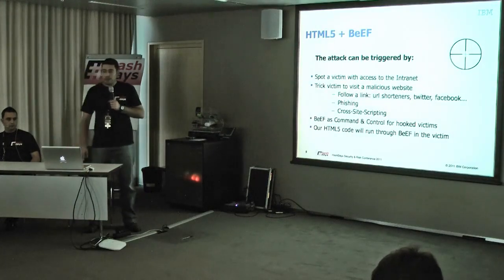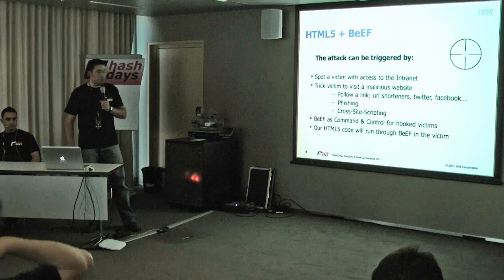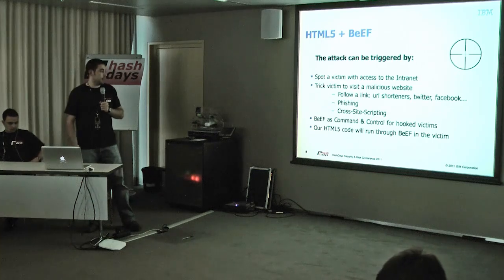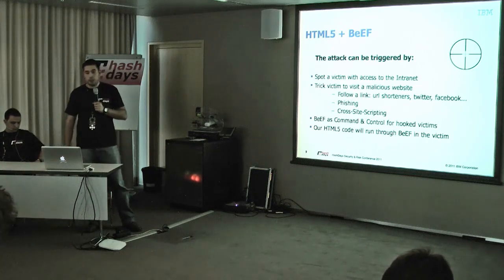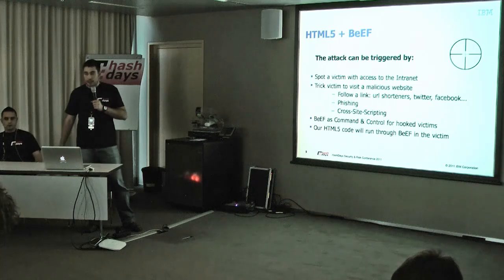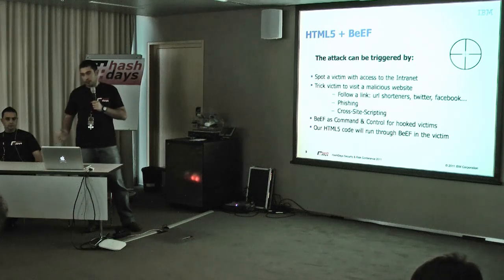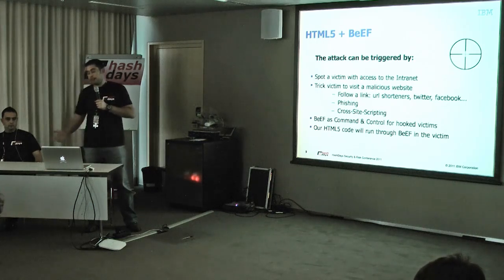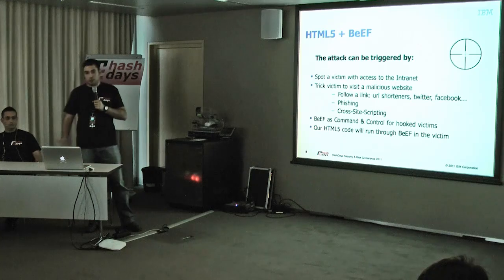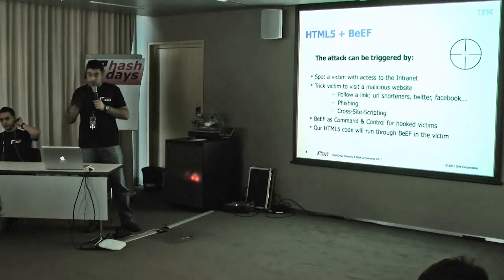Now we have HTML5 and BeEF. How are we going to kick off the attack? What we want to do is spot a person that is connected to the internet, and then force him to visit a website that we control, where we can run our code, or we can use a phishing attack to do that.